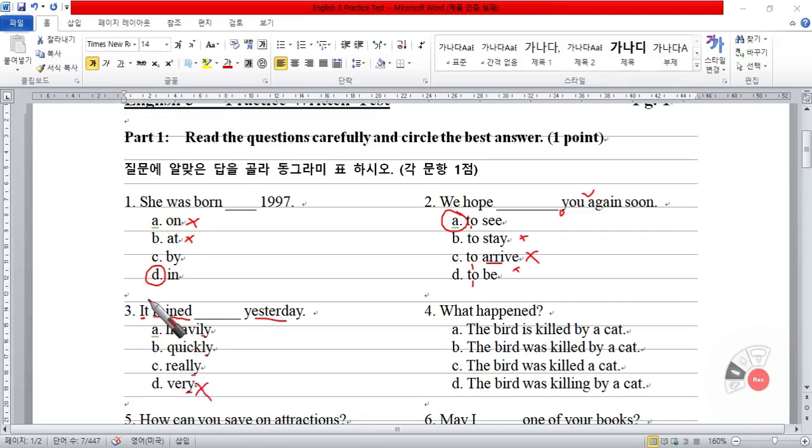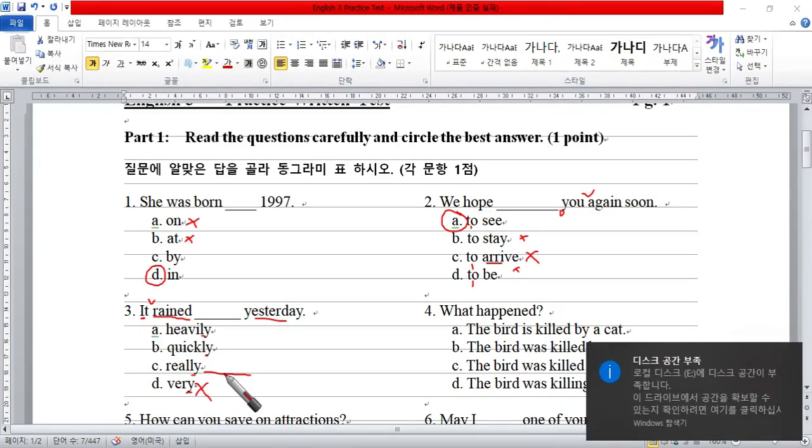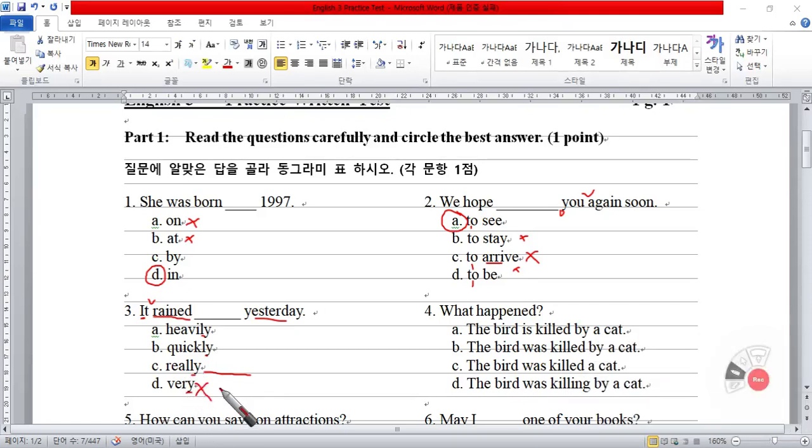It would have to go here. Really often precedes the verb or the adjective that it's describing. Again, you could say it rained very hard. It rained really hard. And those are words you could use for that. That brings us down to A and B. Okay, so the answer is A.